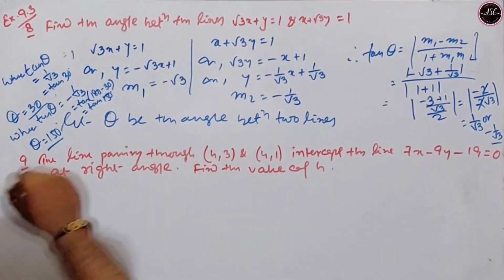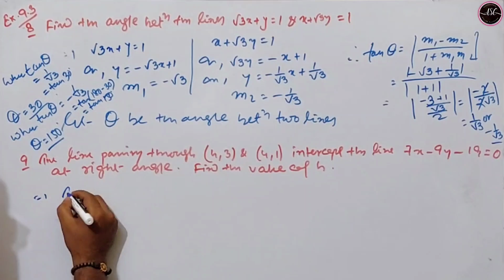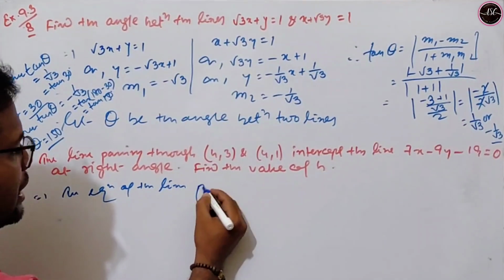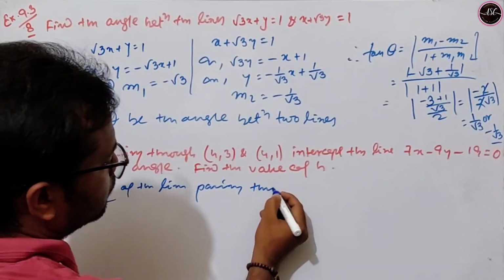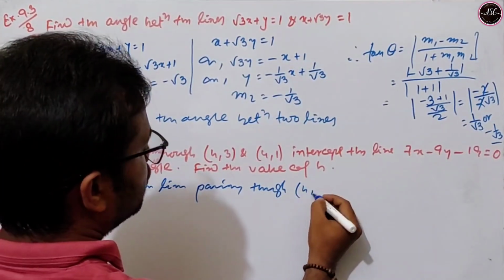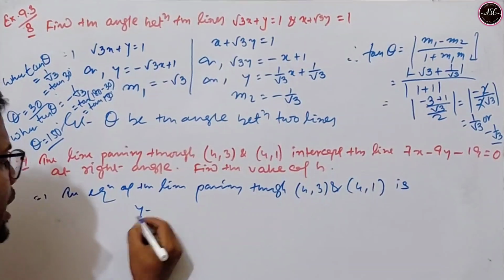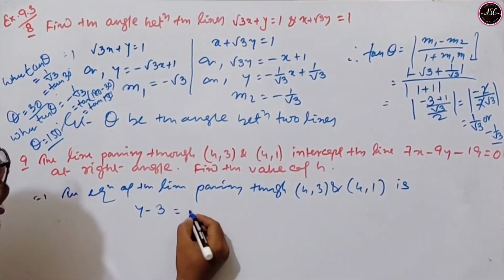So the equation of the line passing through (h, 3) and (4, 1) is y minus y1 equals (y2 minus y1) divided by (x2 minus x1) into (x minus x1).